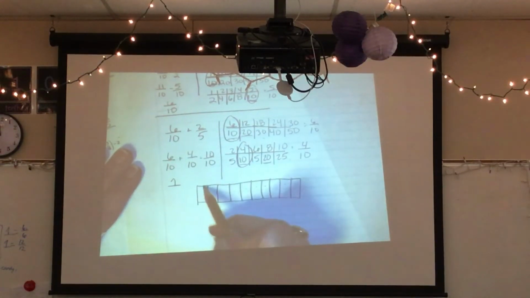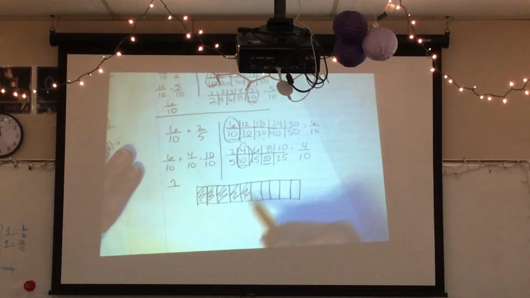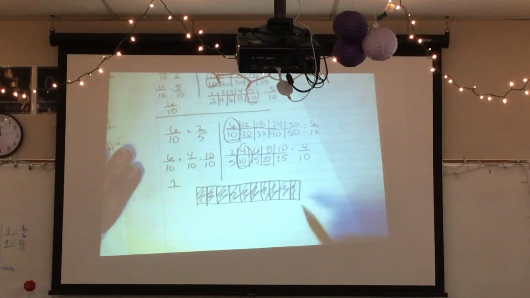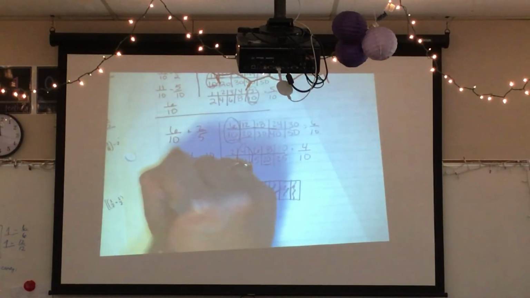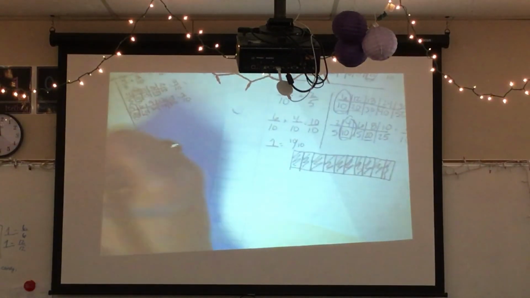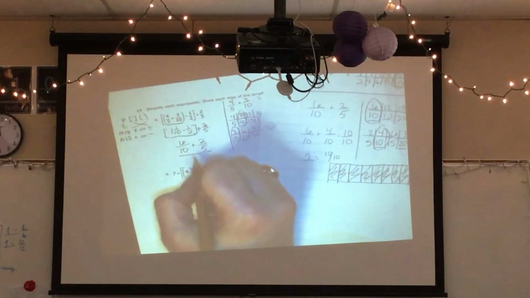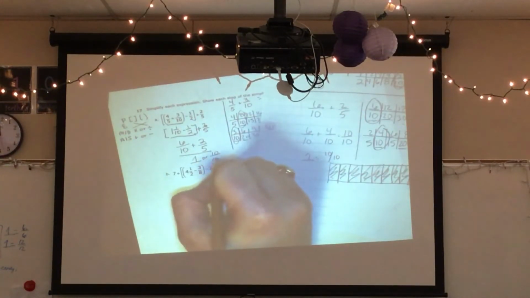If I shade 10 of these tenths, I have a whole picture shaded. Make sense? So right here, I'm going to put 1 whole or 10 tenths.